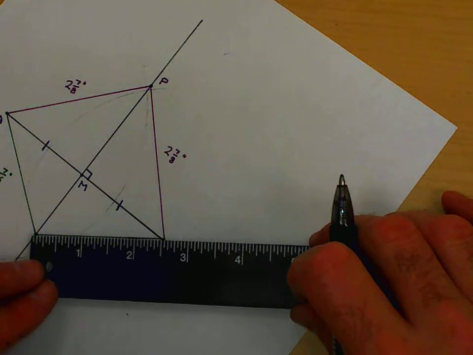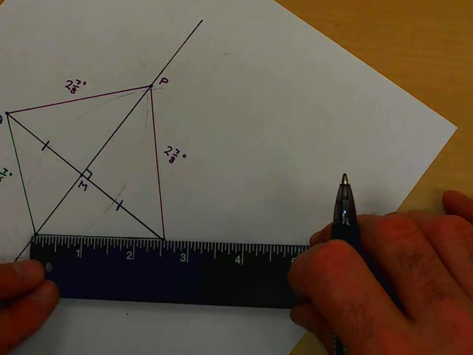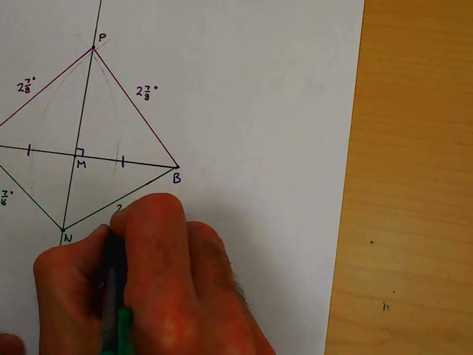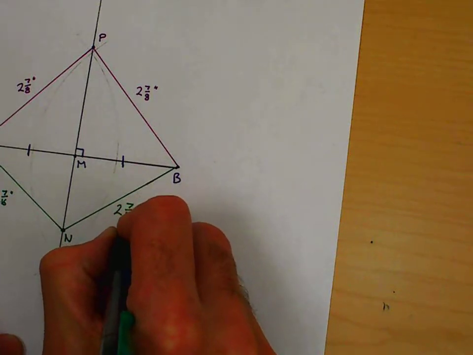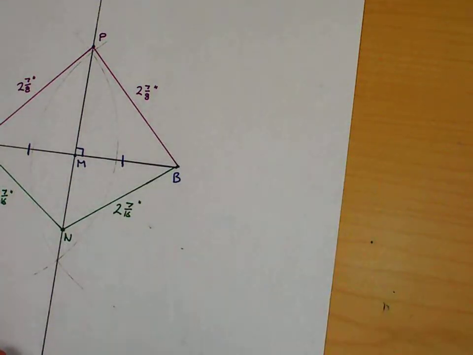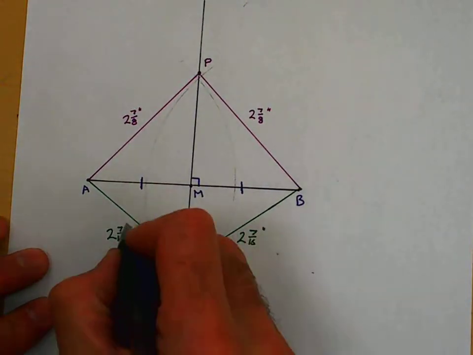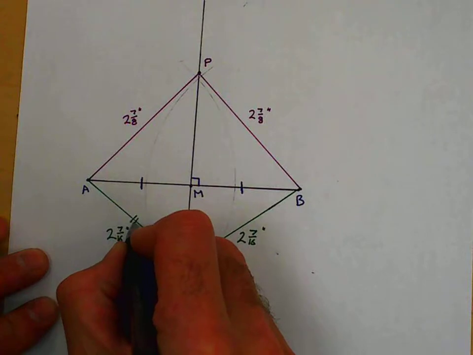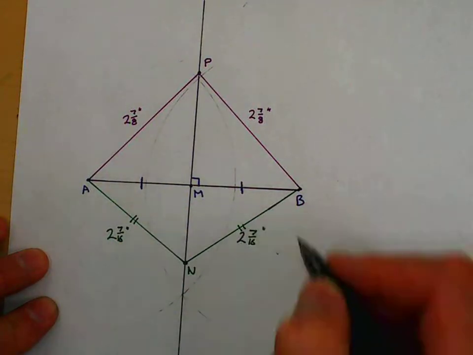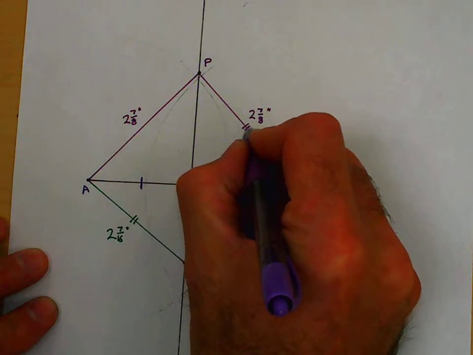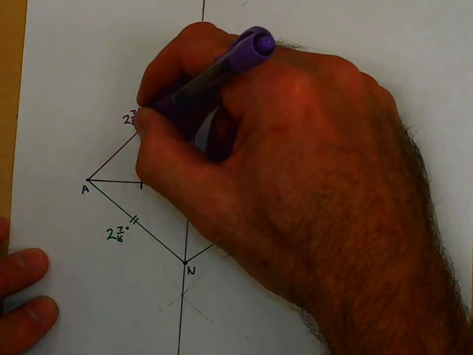My line wasn't exactly on there. And that is 2 7/16. So sure enough, the theorem there that says that this is supposed to be congruent to this appears to be so, and this appears to be congruent to this.